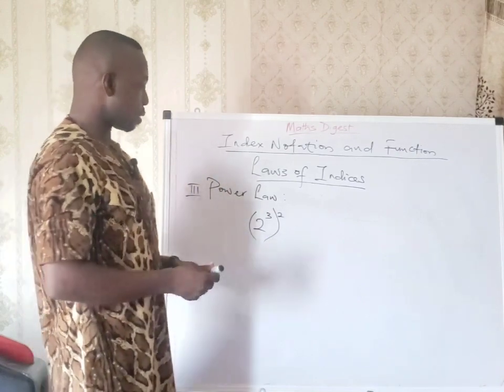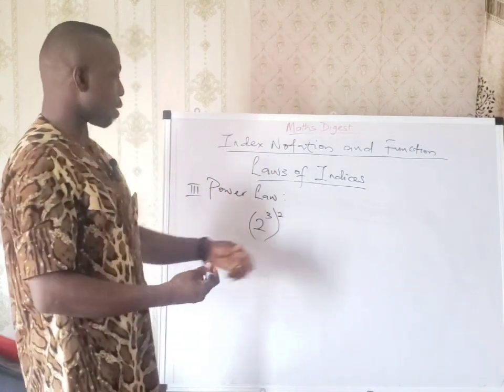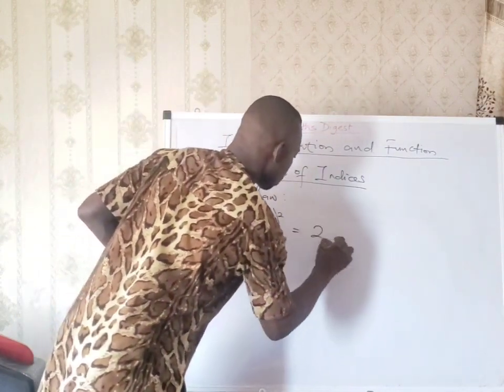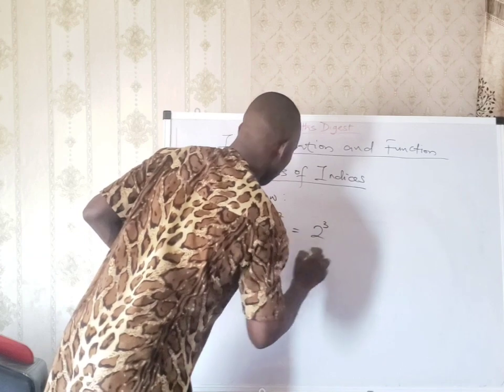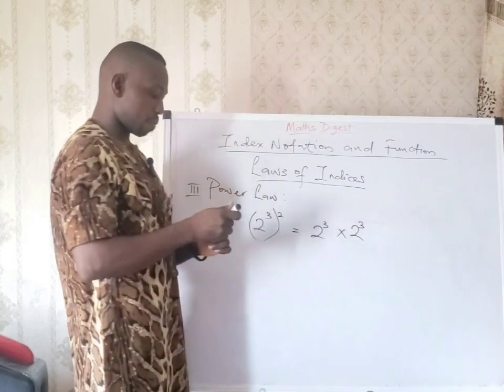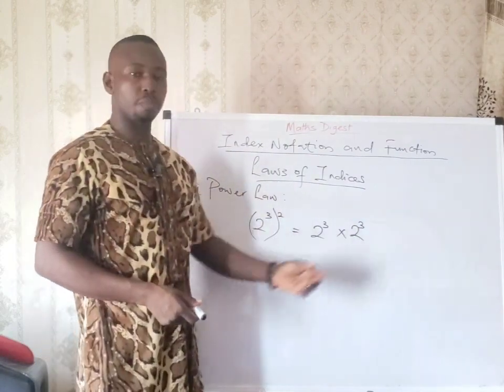What this simply means, if you are to express it out, is that you can have 2 raised to power 3 times 2 raised to power 3. Okay, this is what it simply means.